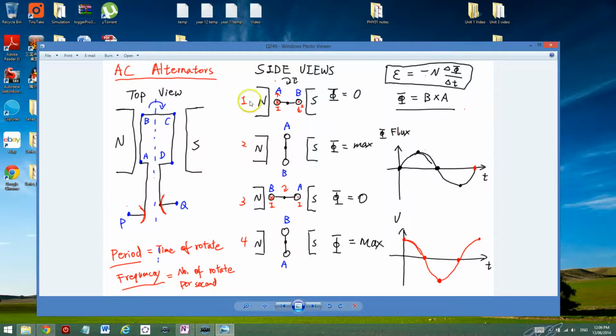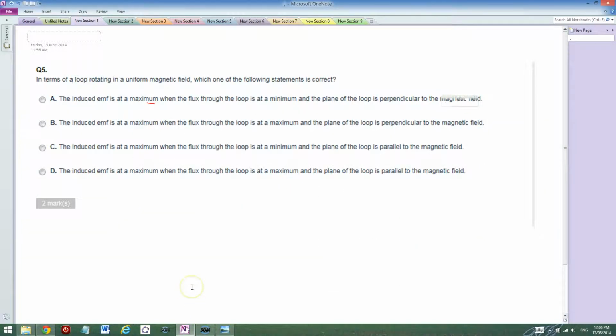So it's when the coil is parallel. So in this case, A is wrong, because it says perpendicular. And also maximum.